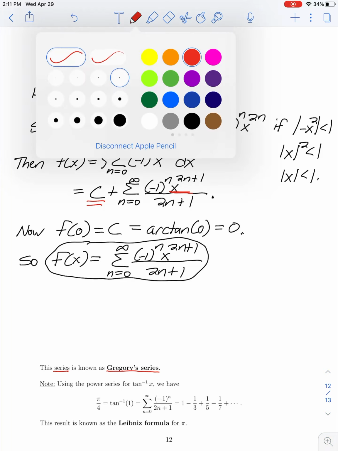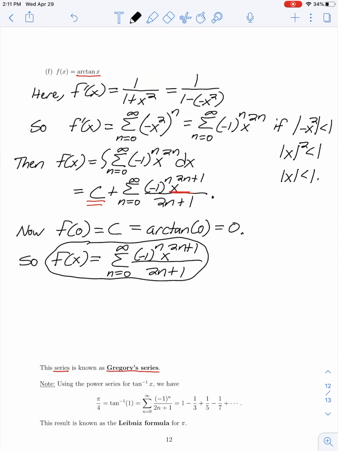So if we make use of what we know about the value of tangent, let's take a look at it down here. I know that arctangent of 1 is equal to pi over 4.